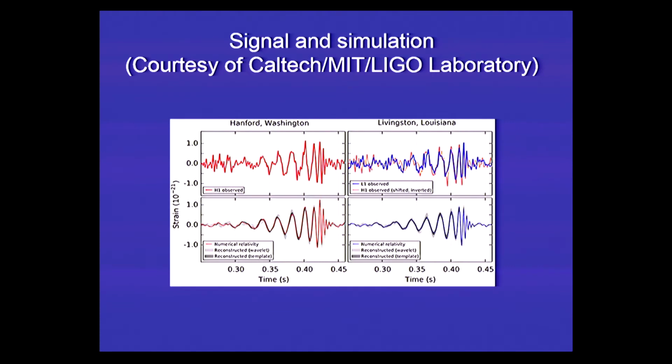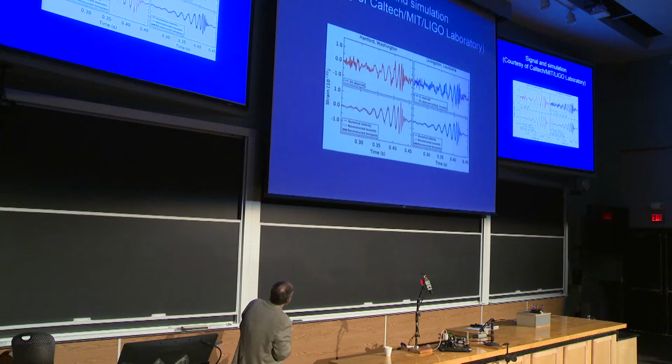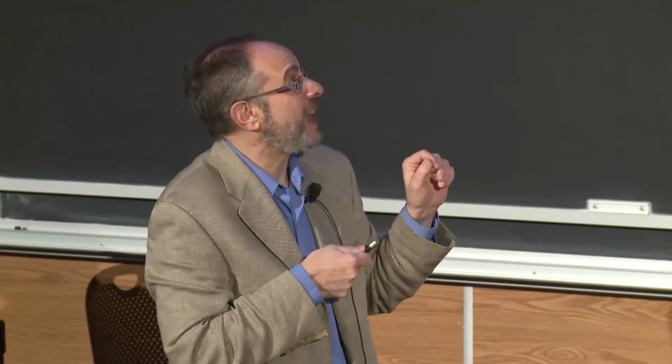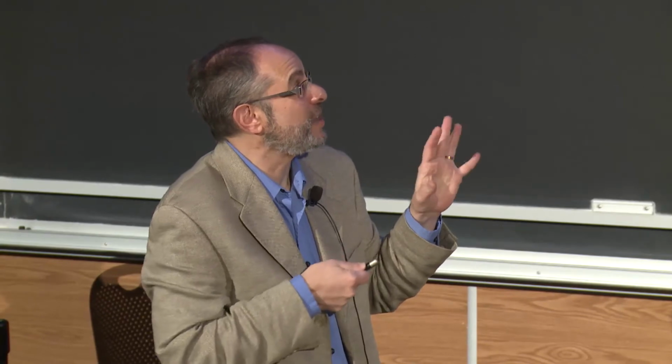So this is the signal in the Hanford, Washington detector, and this is the signal in the Louisiana detector with the Hanford, Washington one superimposed on this. And these are the signals generated by a simulation of black holes, similar to the one that you saw before, and that matches the signal.